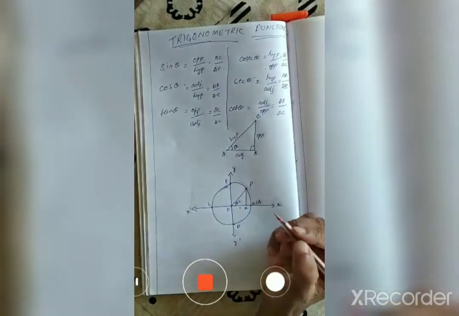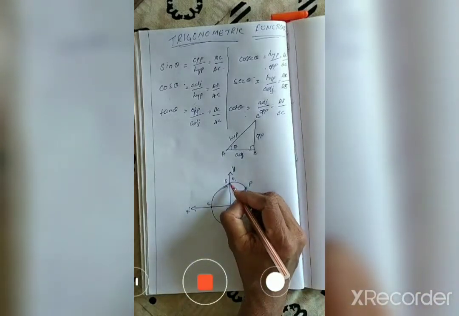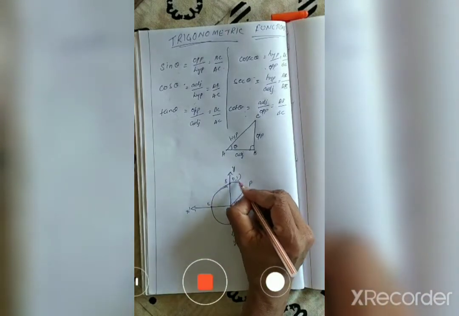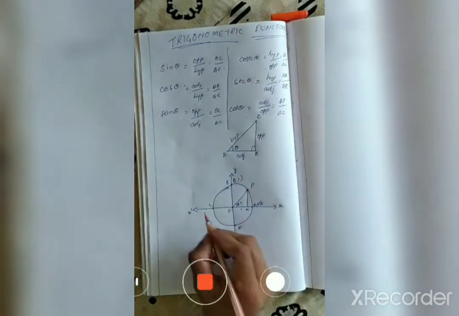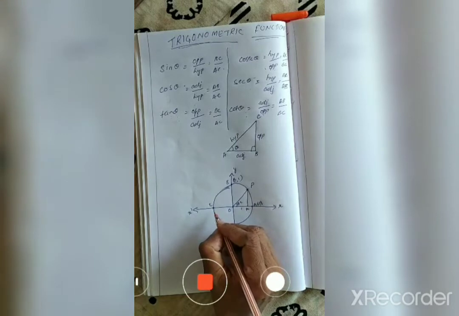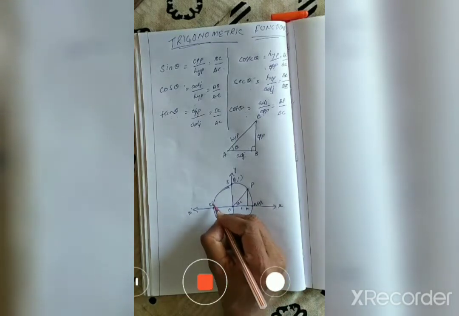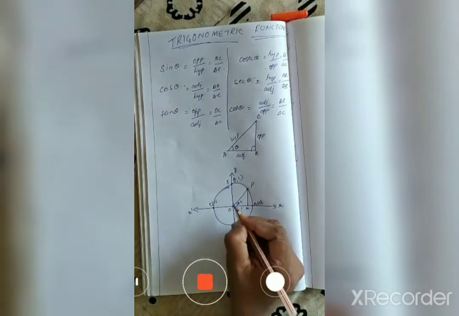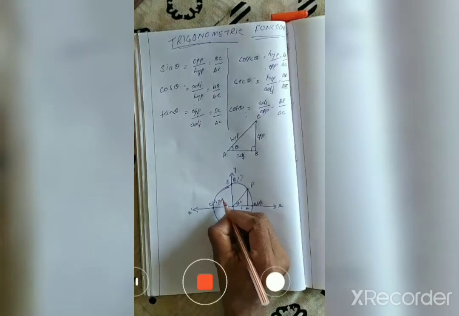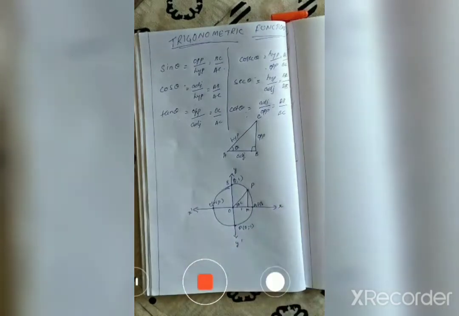Here B is on the y-axis, its x coordinate is 0 and it is nothing but the radius of the circle, 1 unit, so it is (0, 1). Here C is on the negative part of the x-axis, left of the y-axis, so the x coordinate is -1, and C is (-1, 0). Similarly, D is on the y-axis, so its coordinates are (0, -1).